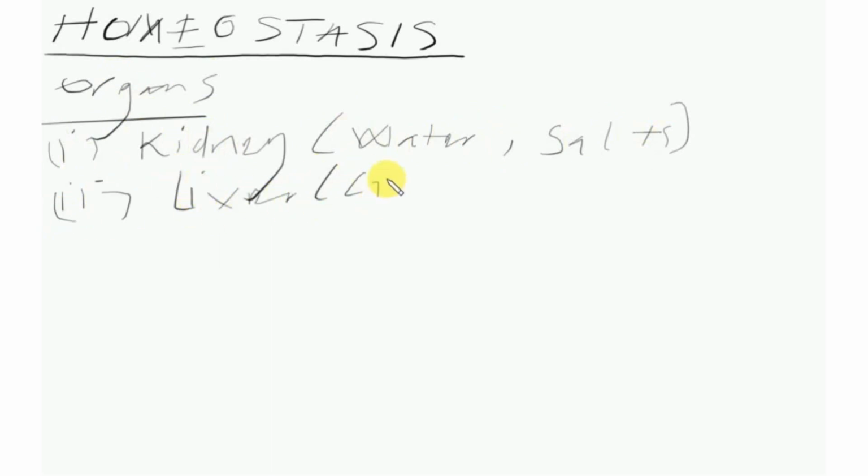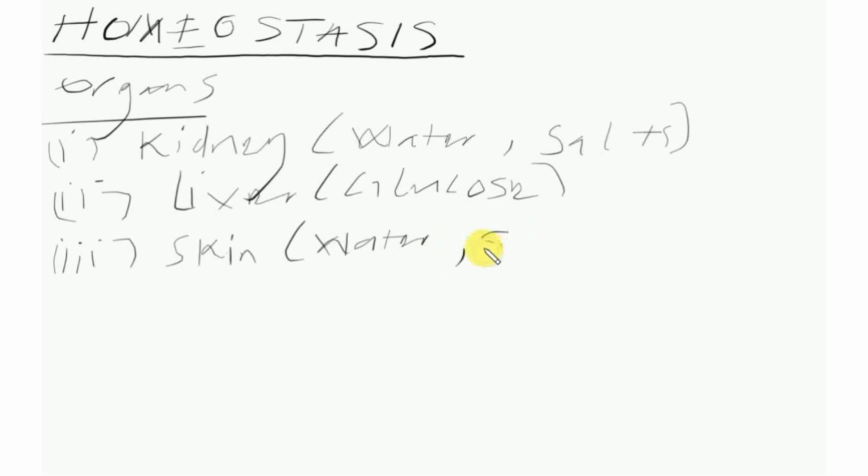This maintains the glucose levels, but it also maintains the amount of amino acids and fats. Then we have the skin. This maintains the water levels, then salts and temperature.